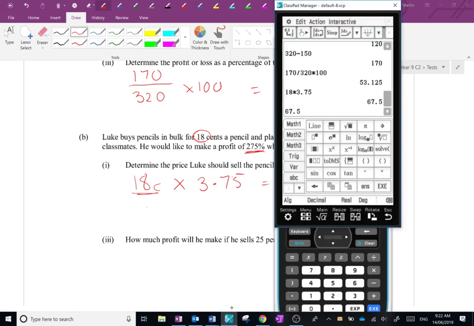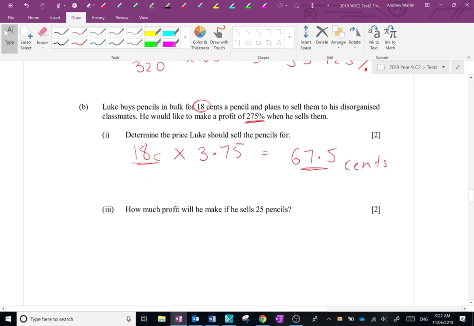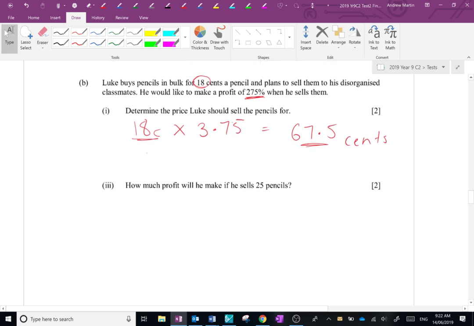So 67.5 subtract 18 is 49.5 cents. So if we do that as a percentage of the original price, we can see it's 275%. Okay. So how much profit will he make if he sells 25 pencils?